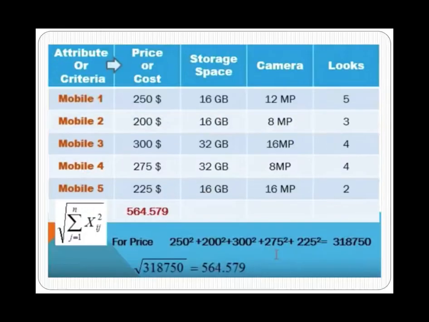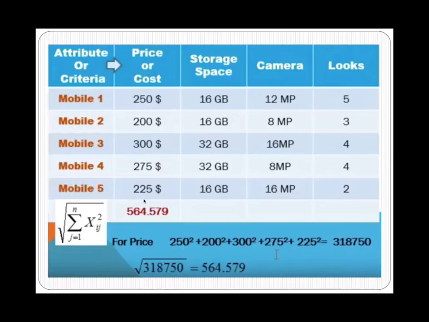Okay, so now we normalize this, and the normalization is pretty easy. It is not the same as the sum we were doing in AHP, where we were just adding all of these values and then dividing. It's not like that. We basically take the square of each of these values, sum it up, and then take the square root, as you can see.